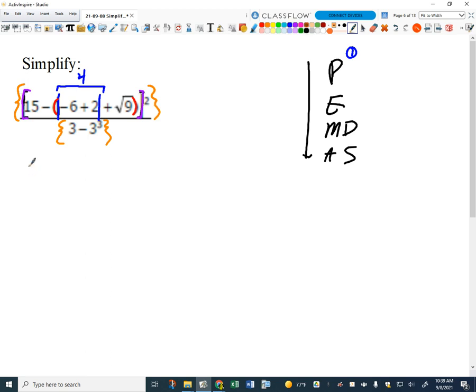Well, we've got, whoops. I guess I should keep the color coding here. I'm not going to write the orange ones anymore because we know they're there.